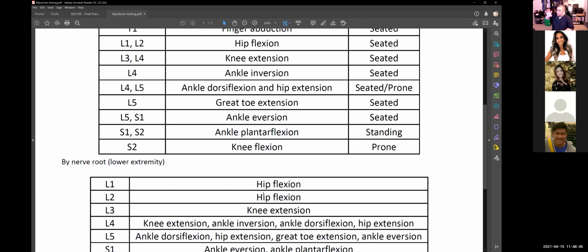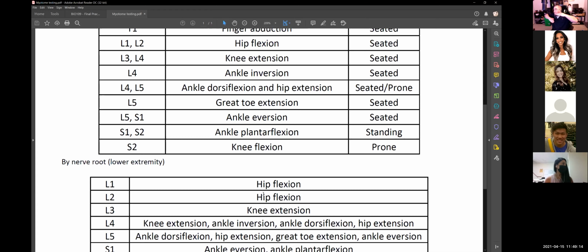You have 4 of them, the quads. But if you look, L3 and L4 do knee extension. So L3 maybe is a little bit more involved in rectus femoris, whereas L4 is a little bit more involved in what's the other part of your quads? The vastus group, yeah. So that's why that's separate like that.